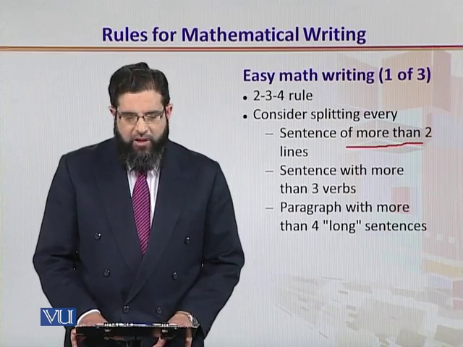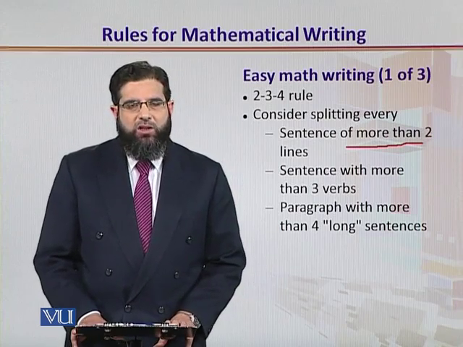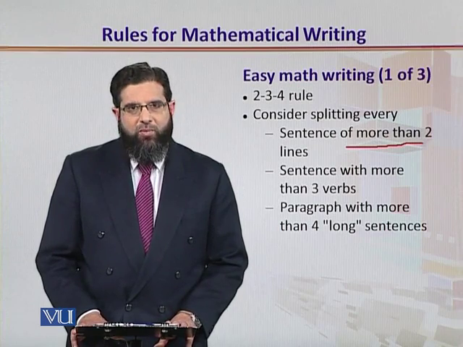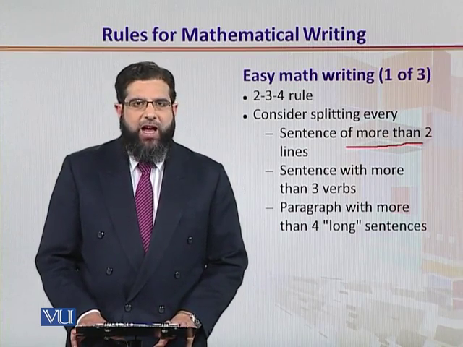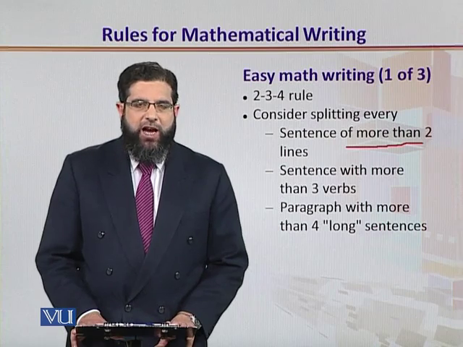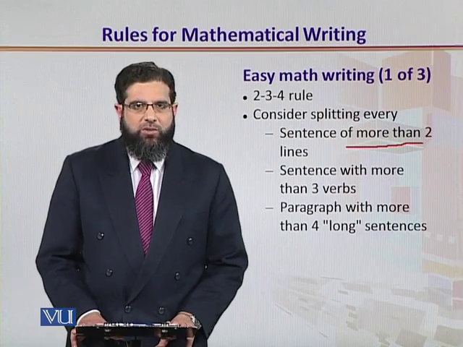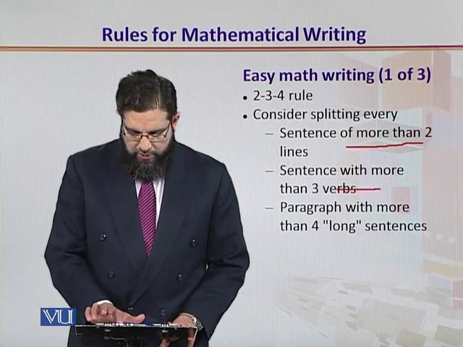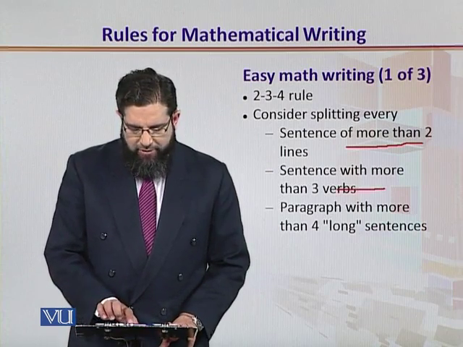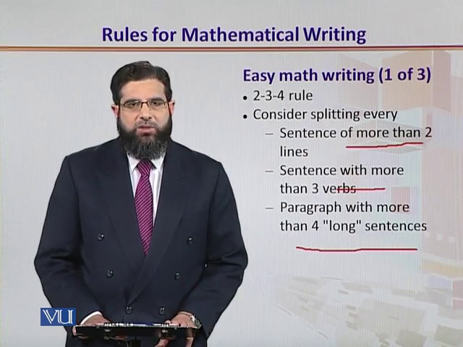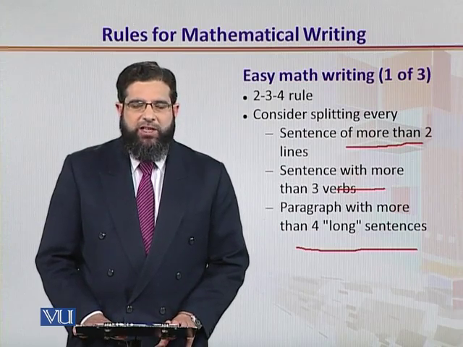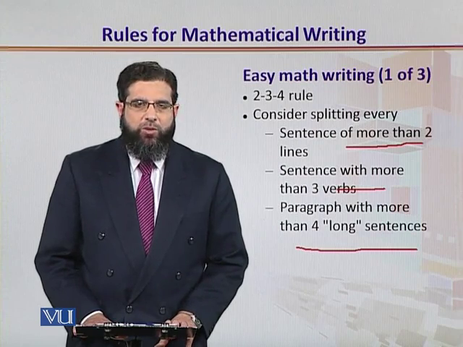Likewise, if we have a sentence of such length that it contains 3 verbs, 3 actions, it means it must be split and broken down. And lastly, if we have a paragraph that comprises 4 long sentences, each of these sentences must be broken down so that the paragraph becomes more discrete.